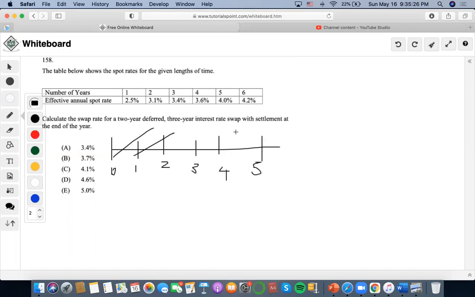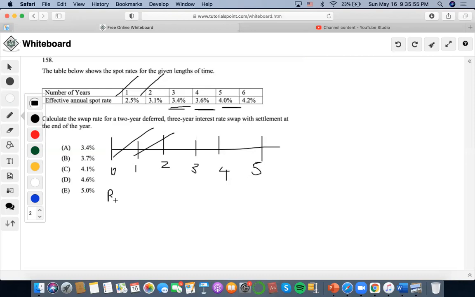Which means that since this is 2-year deferred but still a 3-year, we have to use 1, 2, 3 B spot rates to determine what we are working with, right? So now let's start with the fixed rates.